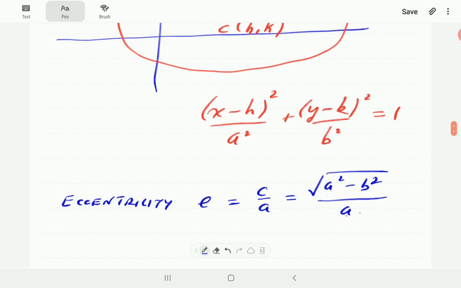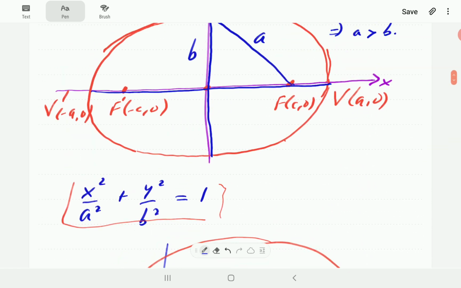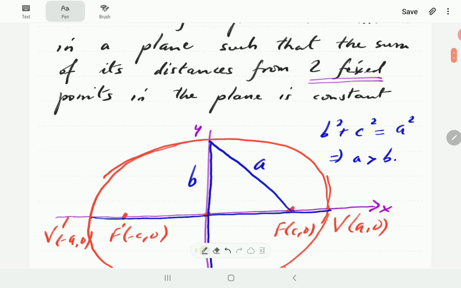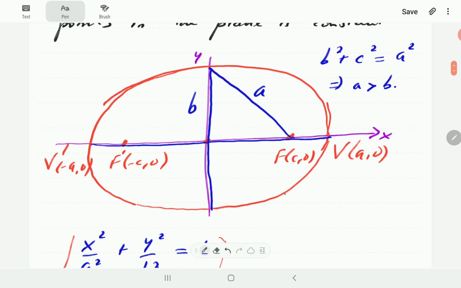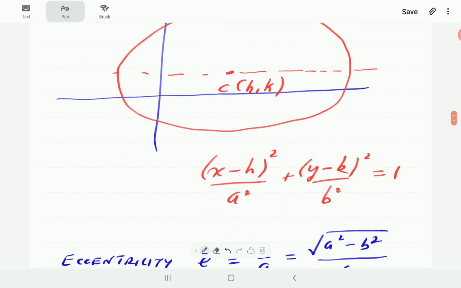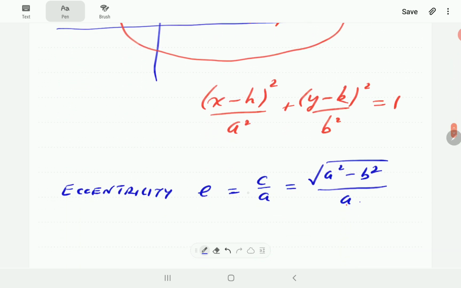So from here you can see that a is always going to be bigger than c, so that means the eccentricity here is always going to be a fraction. When the eccentricity is 0, then we have got a perfect circle.